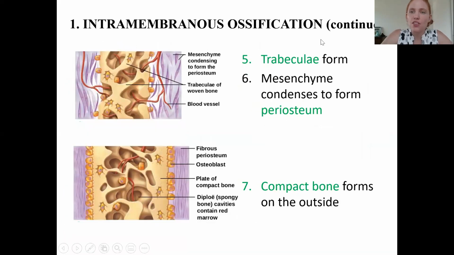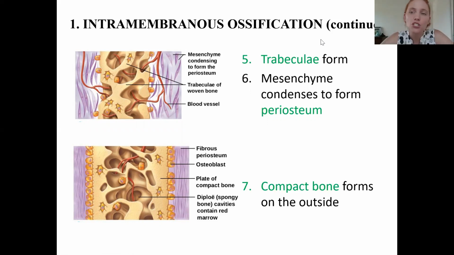Now, another thing that I find interesting is that when you do intramembranous ossification, we're going to create the spongy bone first. If you remember the flat bones, in the flat bone you have a sandwich. On the outside you have your compact bone, and then on the inside we have the spongy bone.